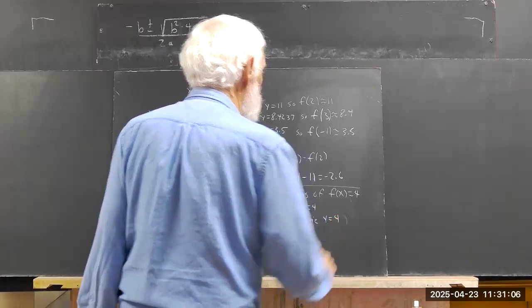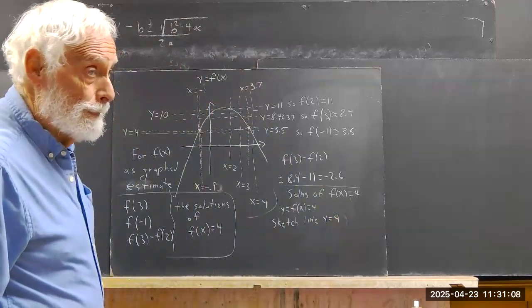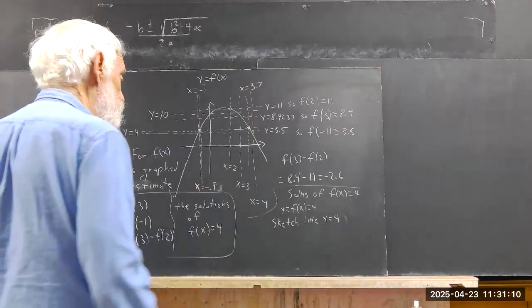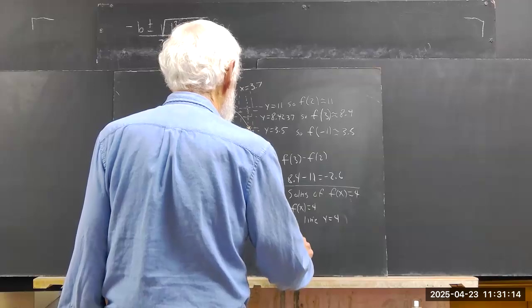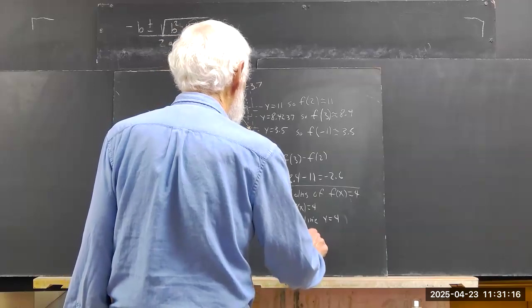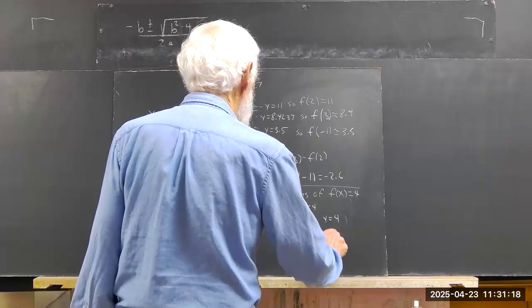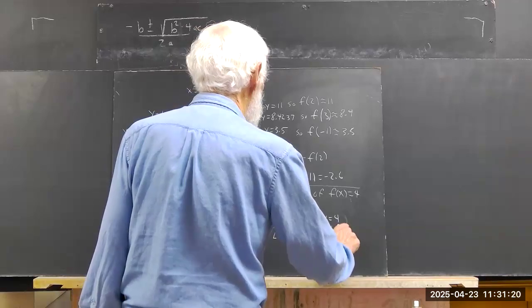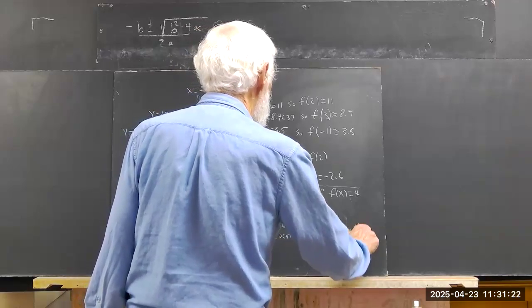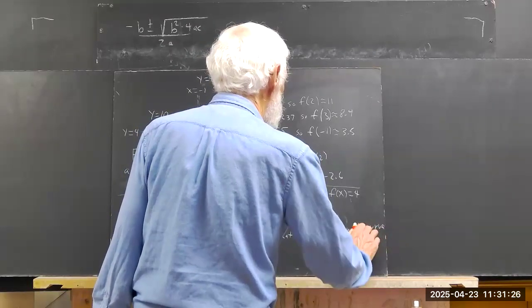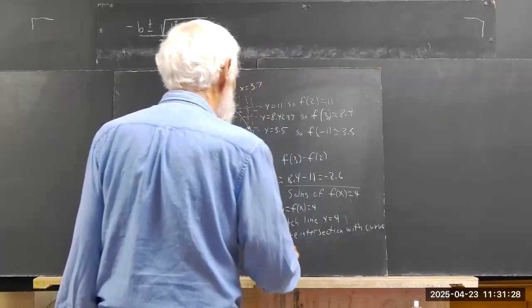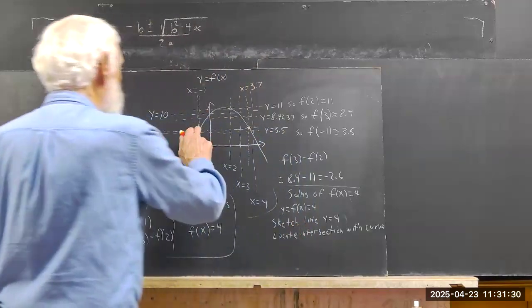We sketch the line y equals 4. We locate the intersections with the curve that's here and here.